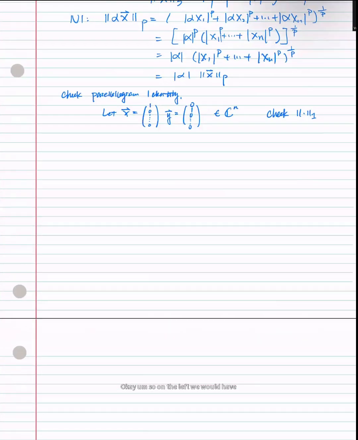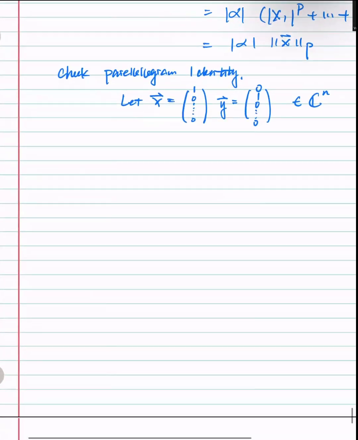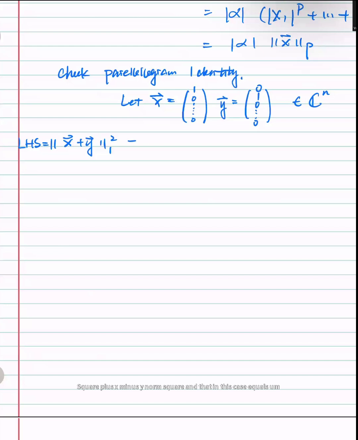Okay, so on the left we would have the norm of x plus y squared plus the norm of x minus y squared.